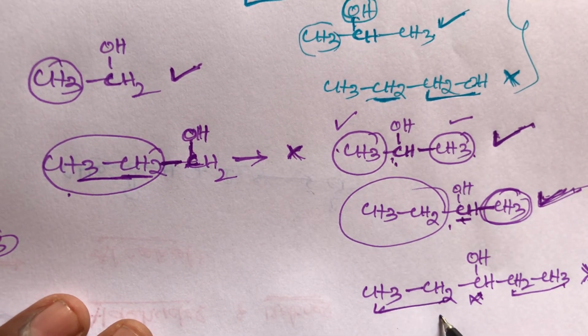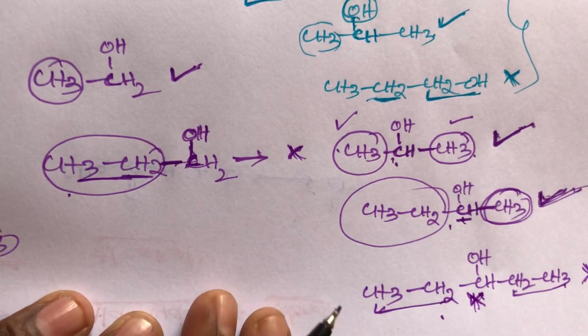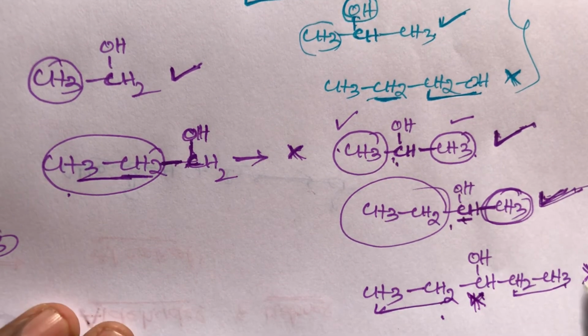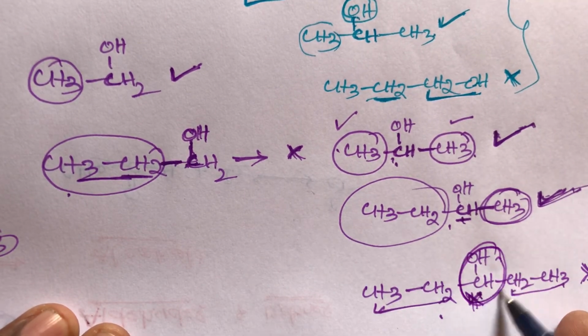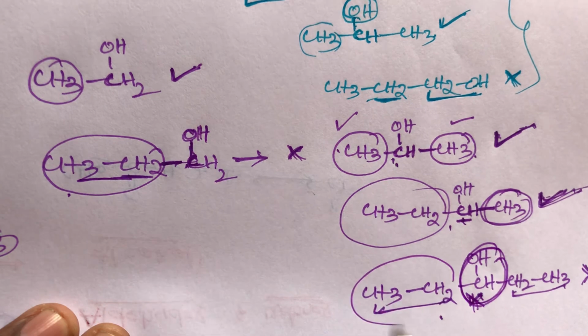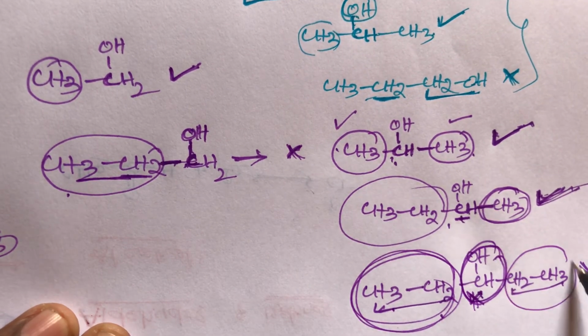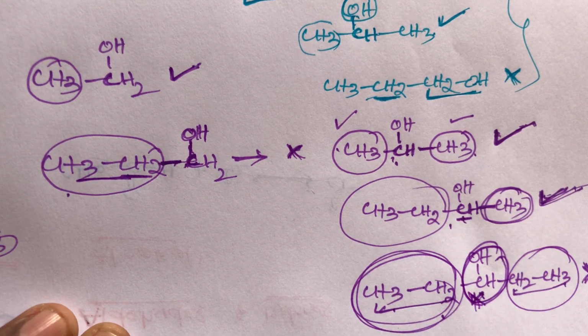But the third compound is also a secondary alcohol with no methyl group. The condition is that the CHOH group must be directly connected with a methyl group. Here the CHOH group is connected only with ethyl groups, left and right, so it does not give the iodoform test.